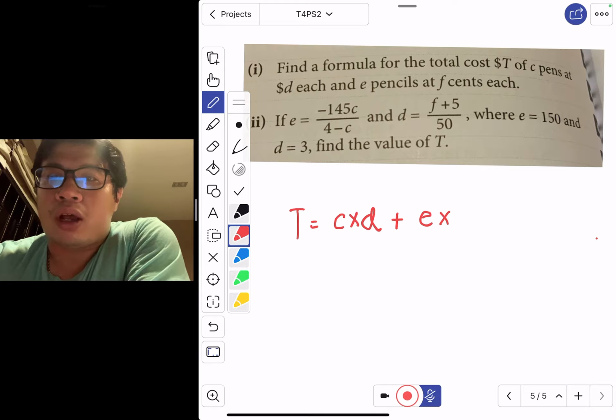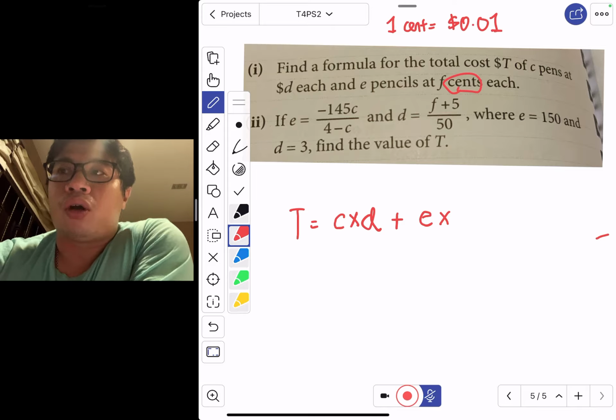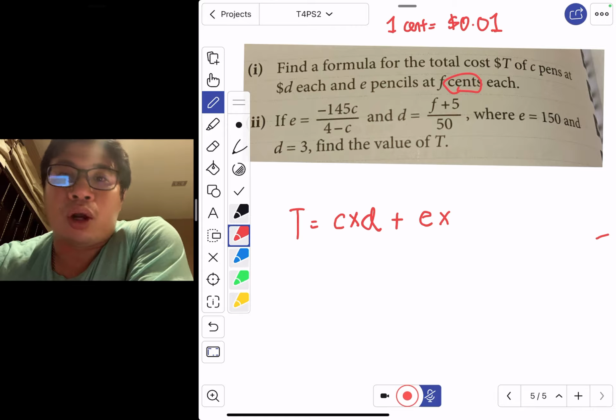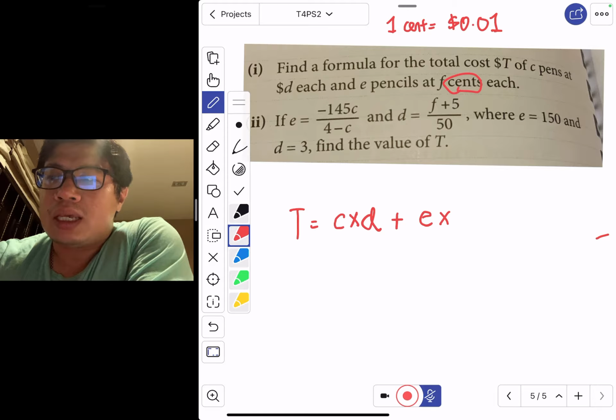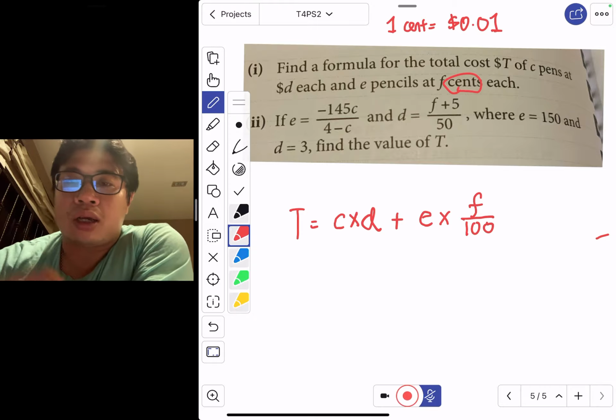Now F cents, from a cent to a dollar. 1 cent represents 0.01 of a dollar, or 1/100. So it is E multiplied by F cents, which is F divided by 100 dollars.